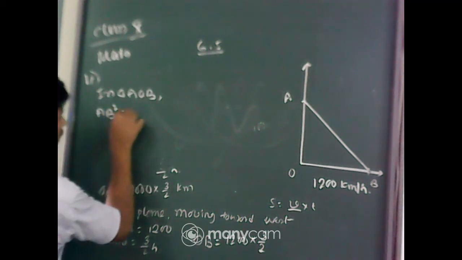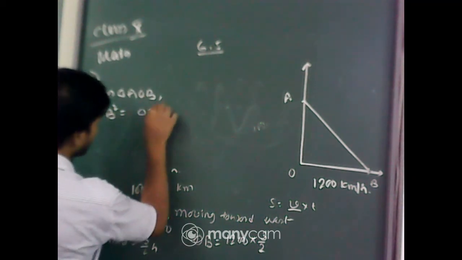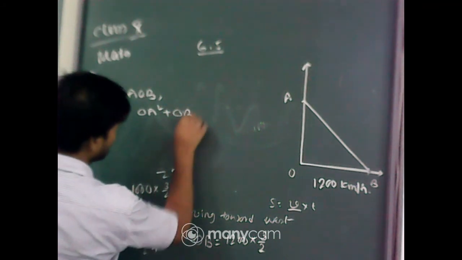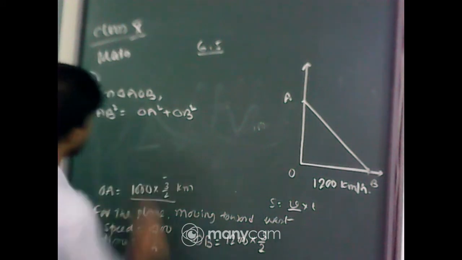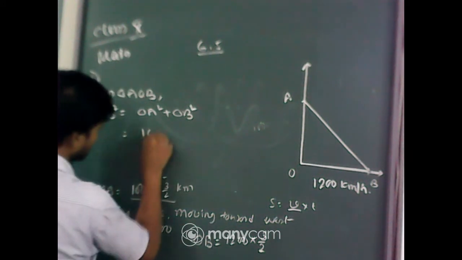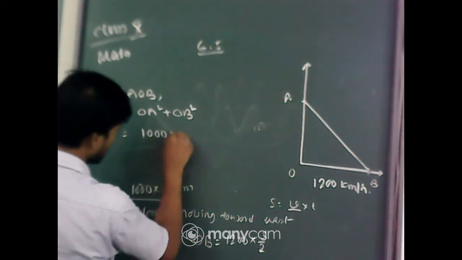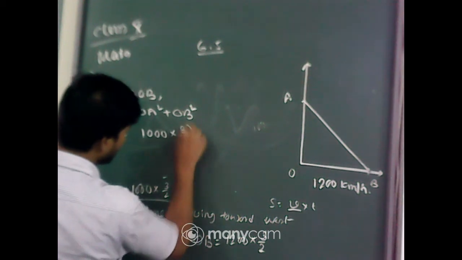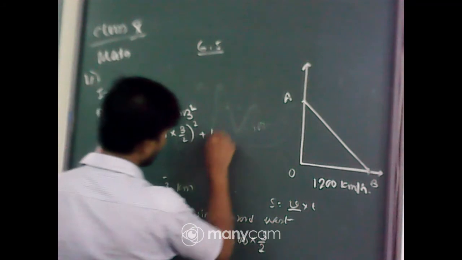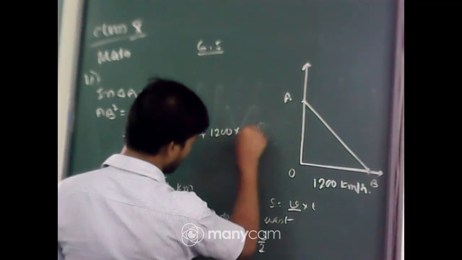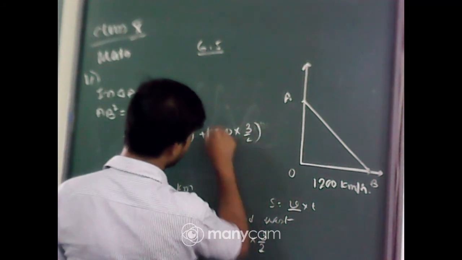AB square is equal to OA square plus OB square. Now put the values. OA is equal to 1000 into 3 by 2, whole square, plus 1200 into 3 by 2, whole square.